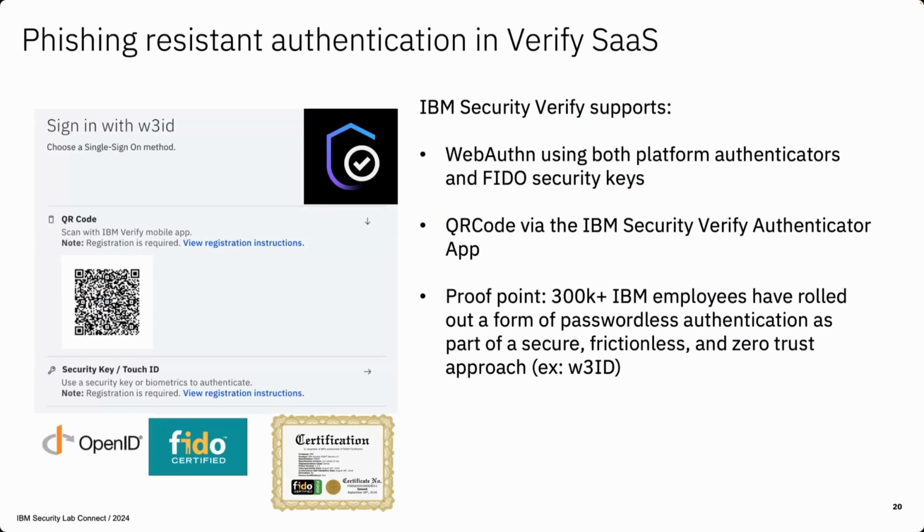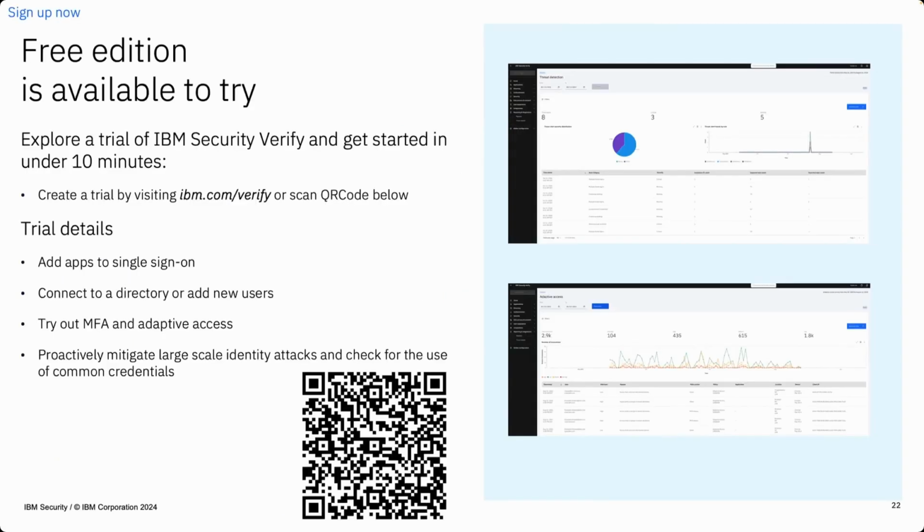This is also being used in a consumer IAM use case for a state here in the US, where 8.6 million citizens have rolled out passkeys. So when we think about this, it's all about how we remove the notion of passwords, which is a vector for threats.